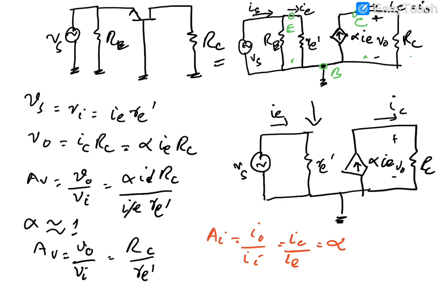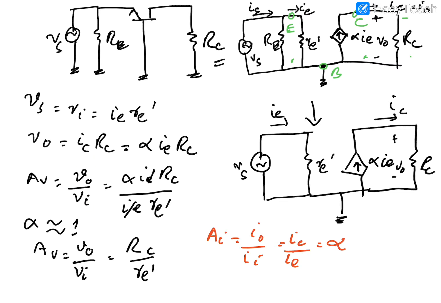V naught in this case is equal to the voltage across RC. The voltage across RC is equal to RC multiplied by IC. IC is basically equal to alpha I, so we put the value of alpha I here. Now AV will be equal to V naught over Vi.